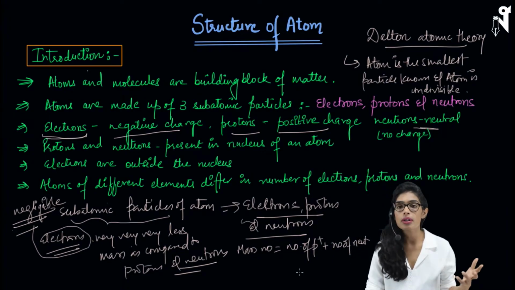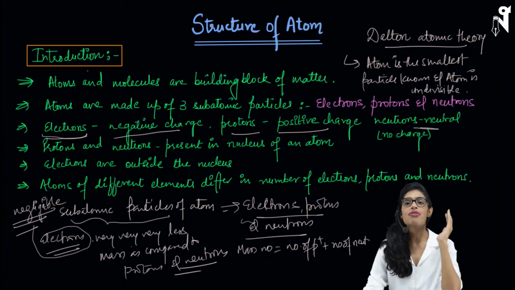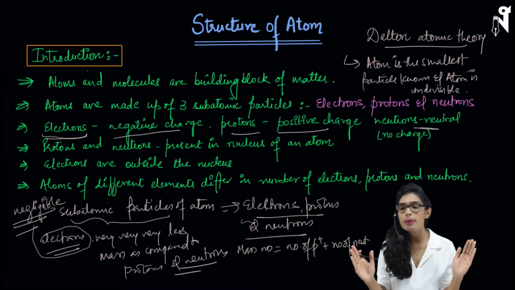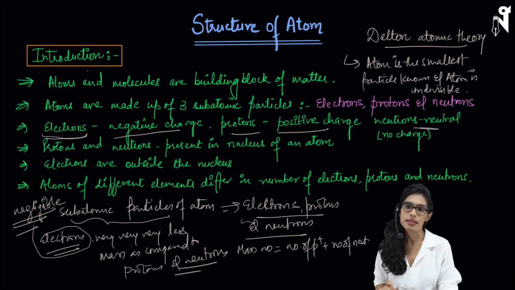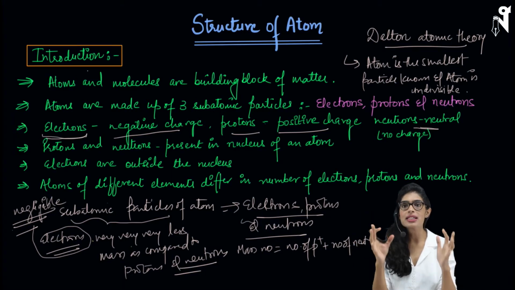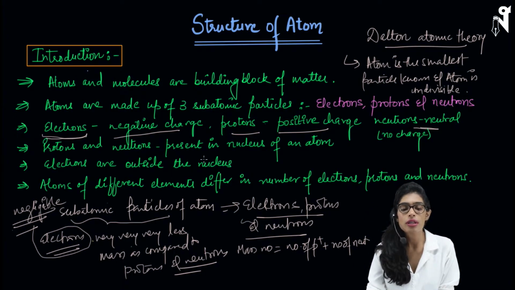We are not even considering electrons over here. Why? Because electrons are very, very light, have negligible mass, and hence do not contribute much to the atomic mass. Though we will talk about everything in detail, this chapter is majorly based on protons and neutrons.